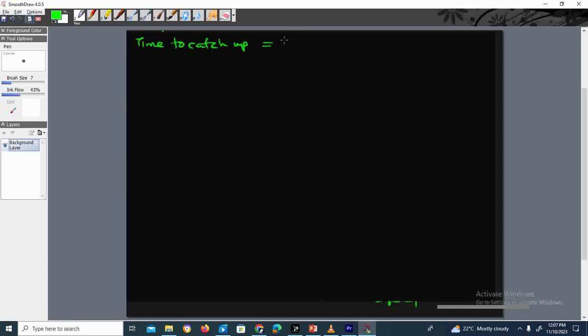That is the relative distance, which is 40 kilometers, divided by the relative speed, which is 20 kilometers per hour, and that is going to give us 2 hours.